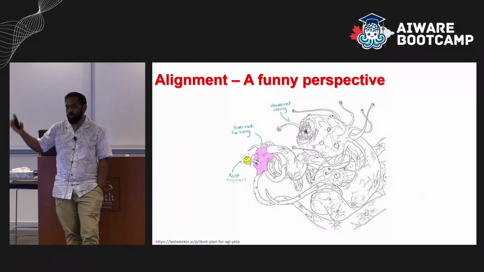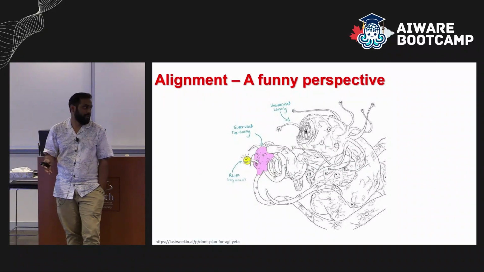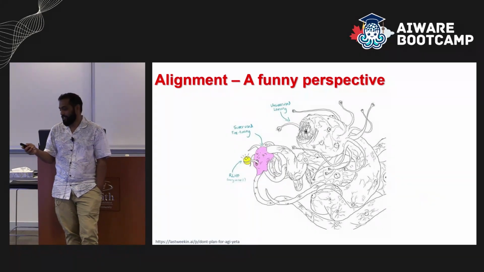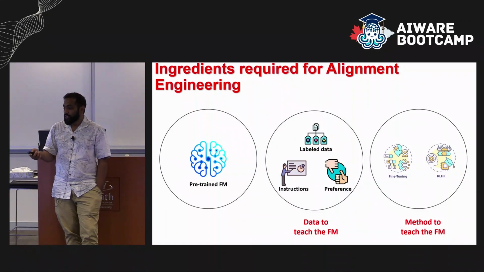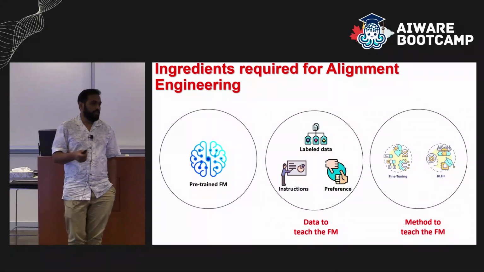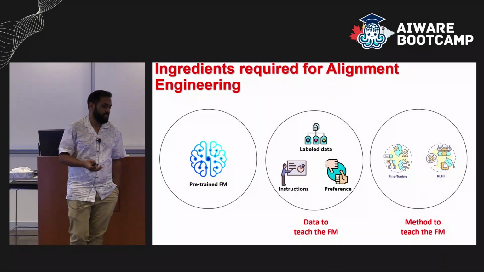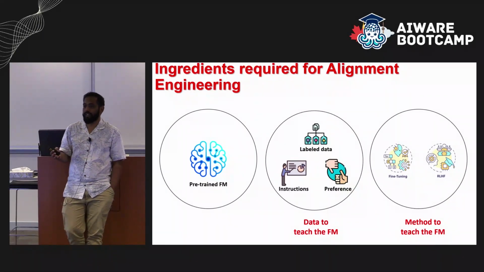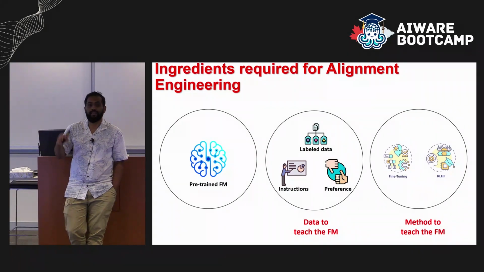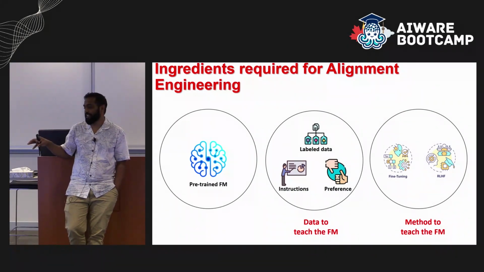And when we put it through different layers of alignment engineering, we end up with a nice model that we are very happy about, typically. So these are the ingredients that are required for alignment engineering. First, we need a pre-trained foundation model, and then the data that is specific to the domain.